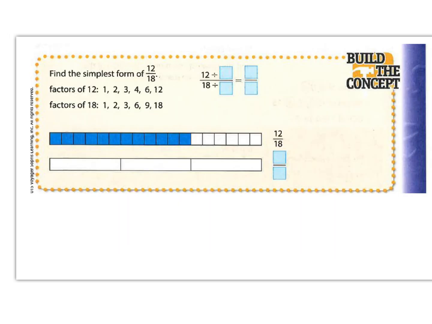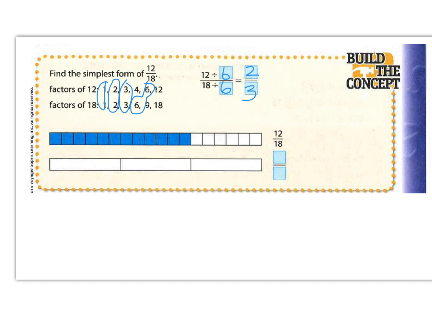All right, so this says we are going to find the simplest form of 12/18. So here are the factors. They listed them out for us. So then let's just look at ones they have in common. They have 1, 2, 3, and 6. So I'm going to divide the top and bottom by 6. 12 divided by 6 is 2. 18 divided by 6 is 3.